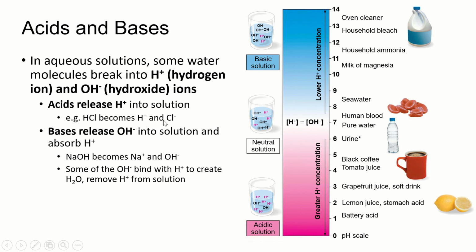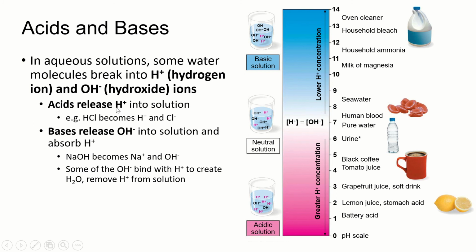Now, one thing that happens in aqueous solutions is that some of the water molecules actually break apart into a hydrogen ion and a hydroxide ion, or an OH. So they actually separate. And if we get even numbers of hydrogen and hydroxide ions, then we say that solution is neither an acid nor a base, it's neutral.